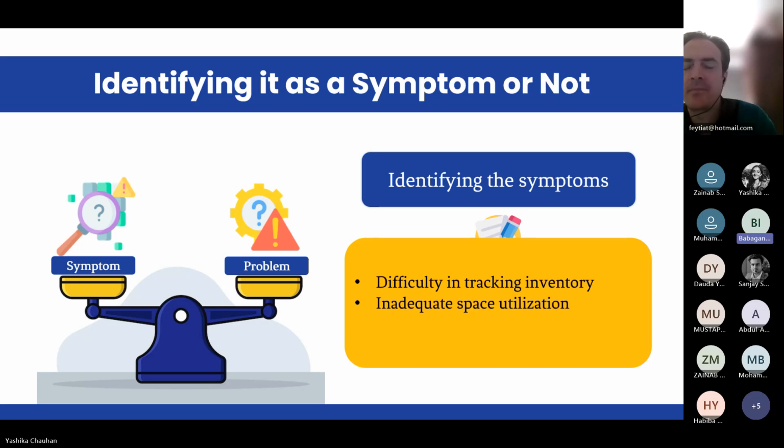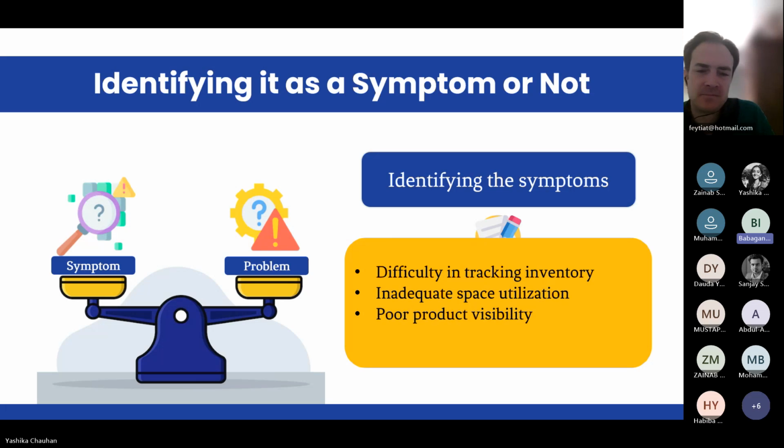Four, increased picking and packing turnaround time.